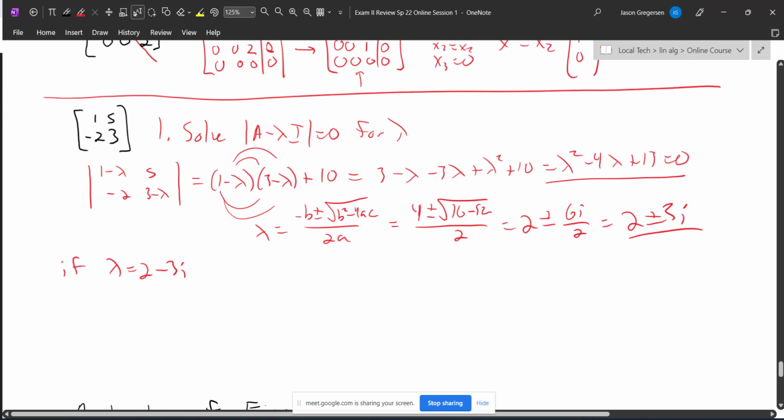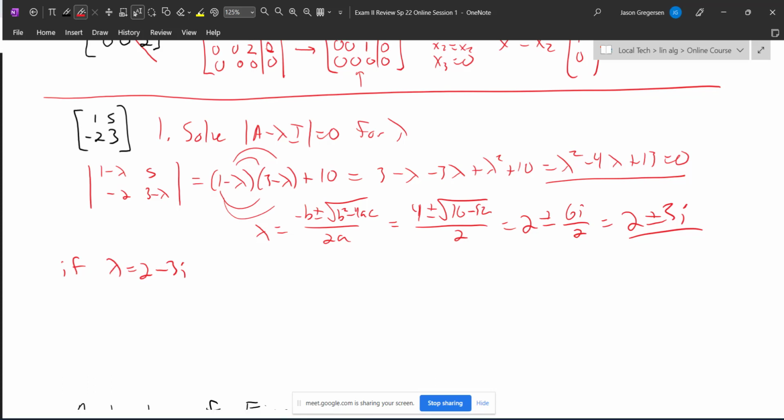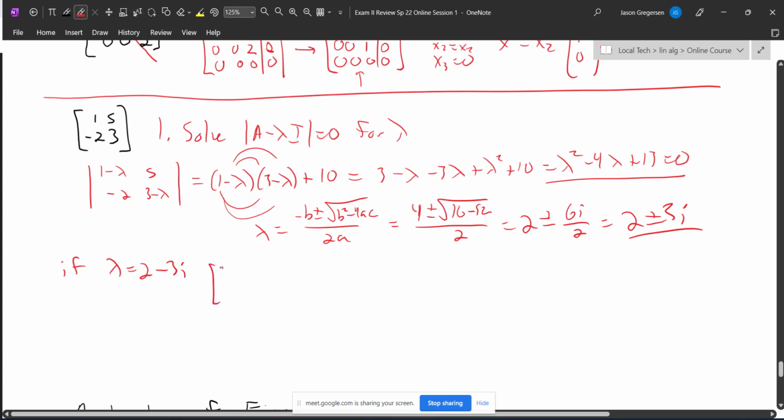And just like I would any other time, I'm going to take my matrix, subtract my eigenvalue, 2 minus 3i, on the diagonal, and augment with 0. I'm going to do my row reduction. The first step is to simplify this a little bit. Negative 1 plus 3i when I distribute the negative. And then I'll have 1 plus 3i augmented with 0.